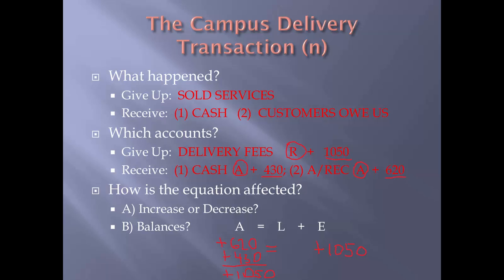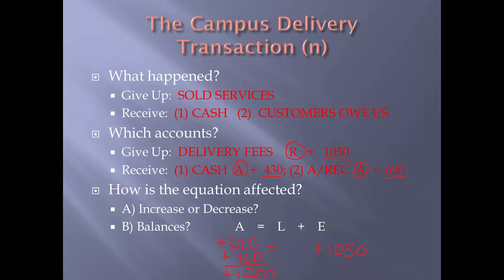We will receive the money in the future. From the eyes of the business, is the business going to receive or pay the money? The business is going to receive the money in the future. So we're going to look under assets because we own the money, even though it's not in our pocket. And we see an account called accounts receivable, which is an asset.